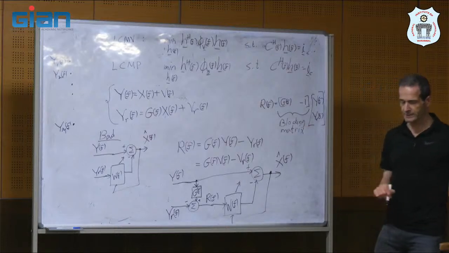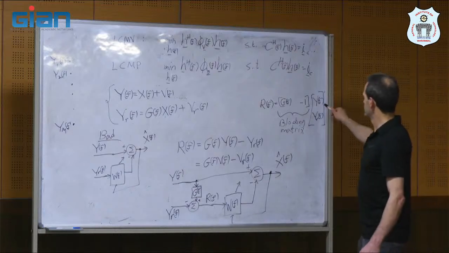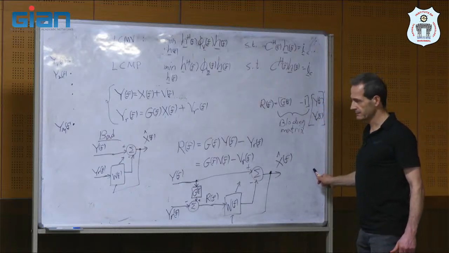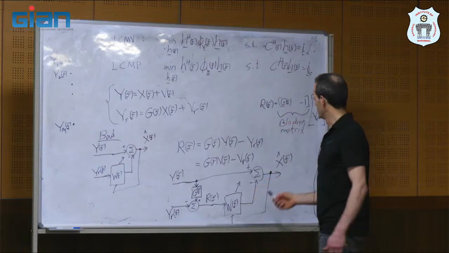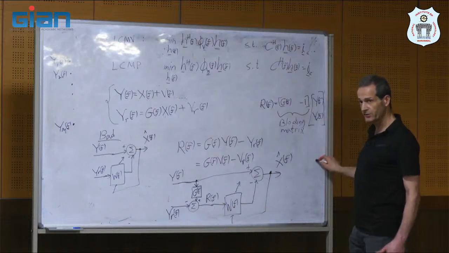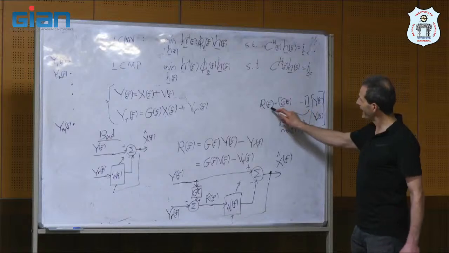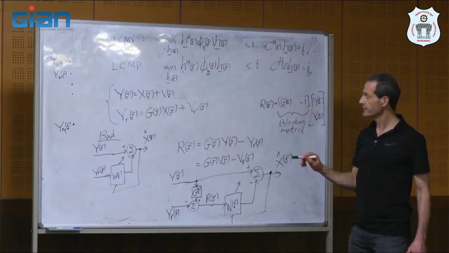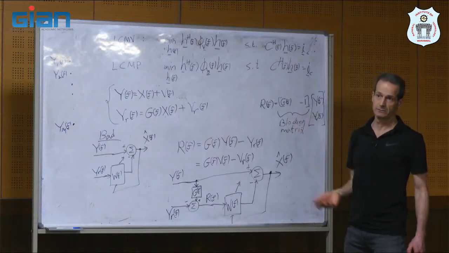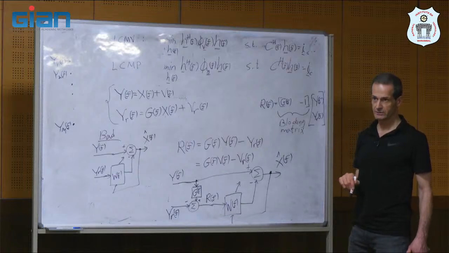So blocking matrix means that we take the multi-channel signals and we create, generally, if we have M channels, M sensors, we create M minus 1 channels that contain only reference, only noise. So these will be reference channels.